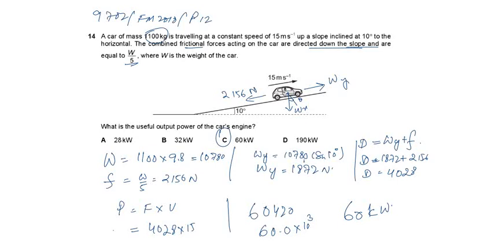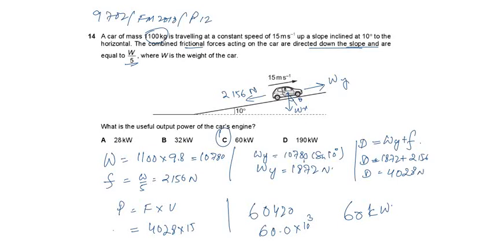So next, what is the driving force? The driving force is the sum of the weight component and the frictional force, because the driving force is used to overcome both. So 1872 plus 2156 is 4028 Newton, which is the driving force.